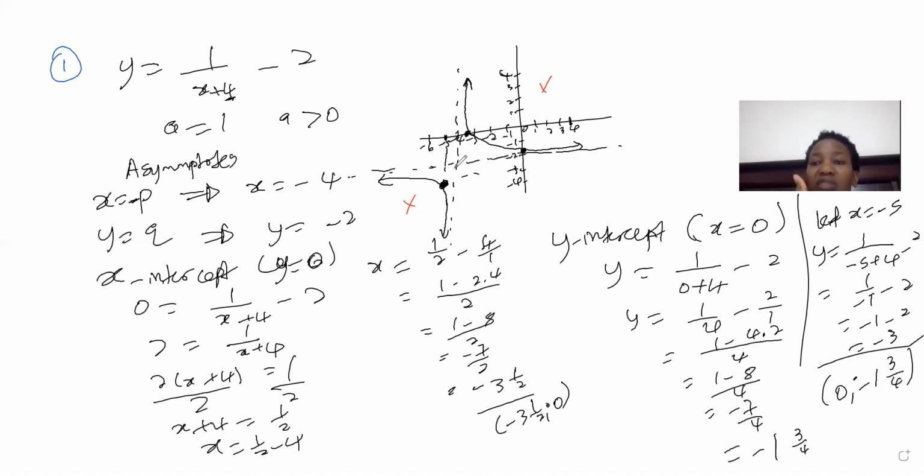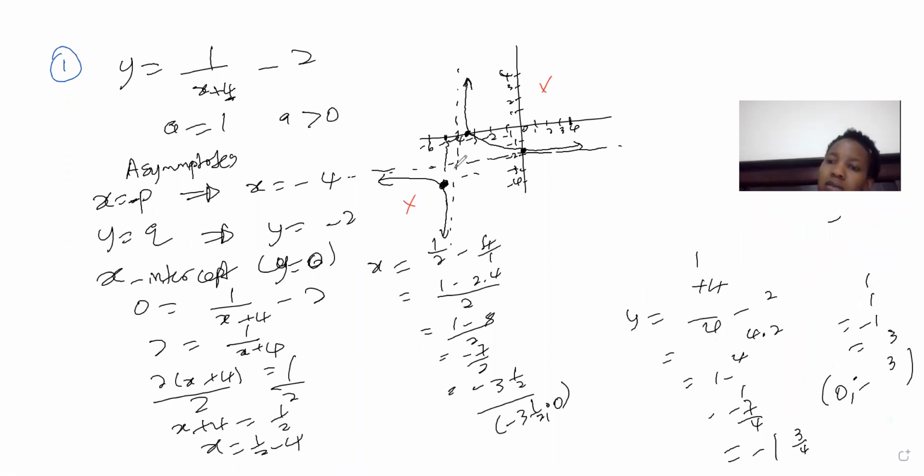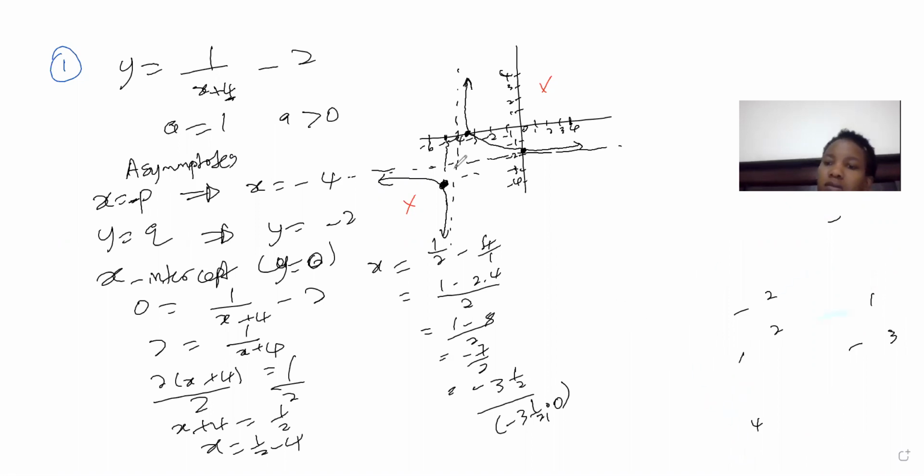Then they will ask you again to determine your axis of symmetry, those two equations, and you must graph them also. So let's see. Axis of symmetry, let me clear up here. Okay, axis of symmetry.